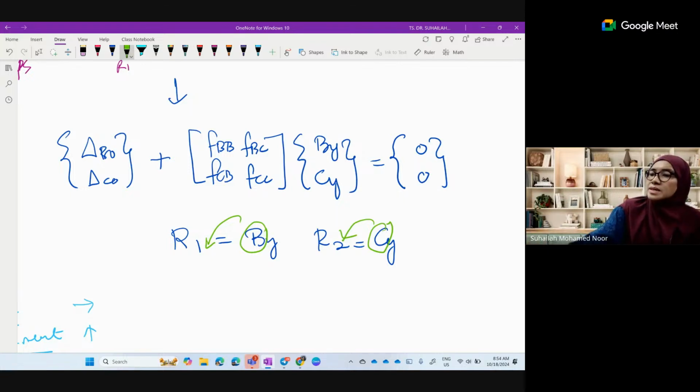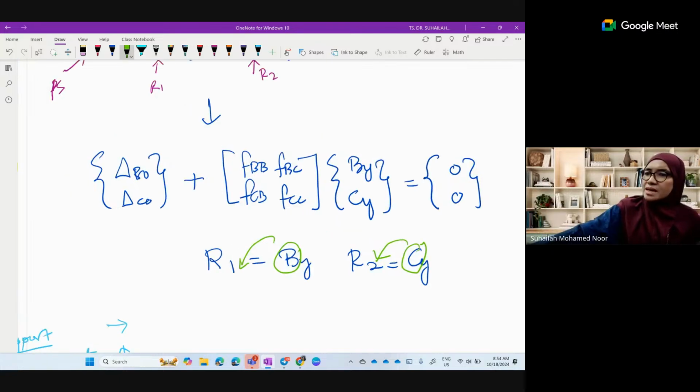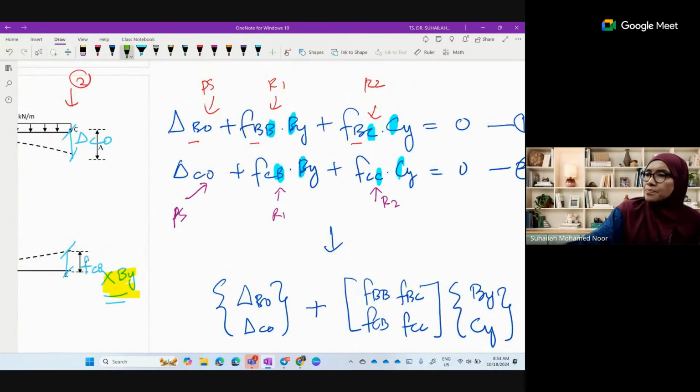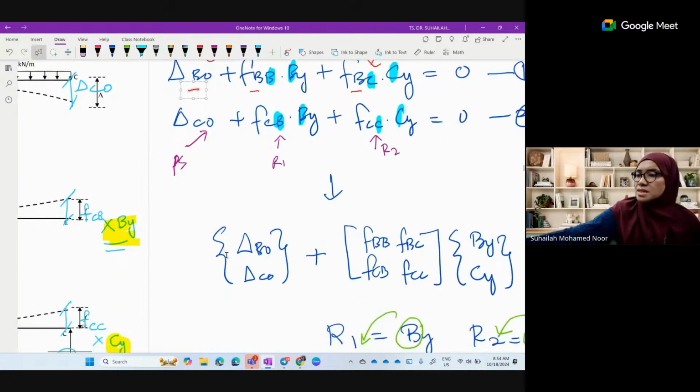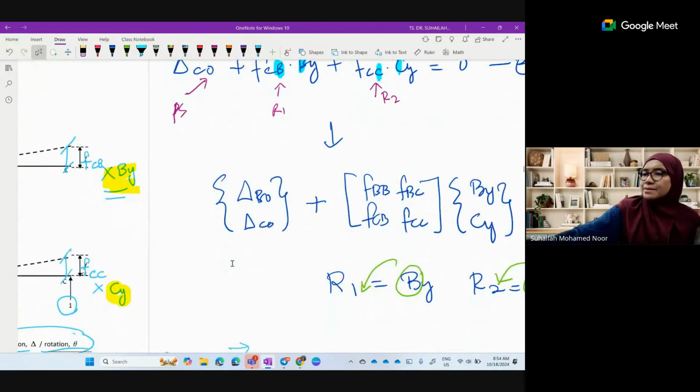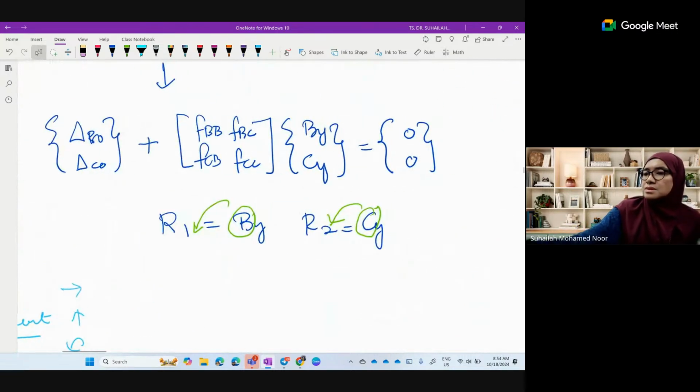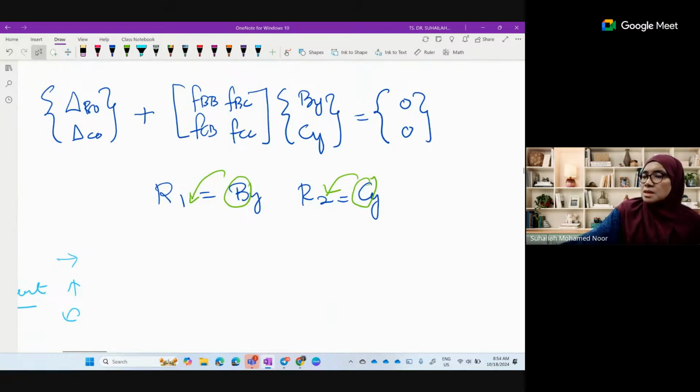Okay? So now B tadi kan redundant 1 yang saya letak 1, 2 dekat atas, nampak? R1, R2, right? Okay? So instead of labeling with ABC, we change to numbering.